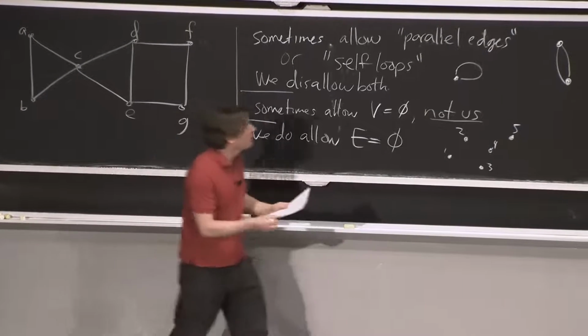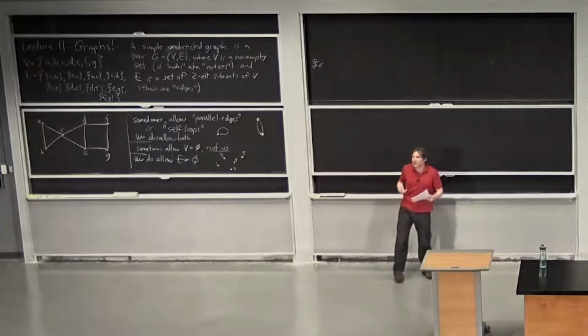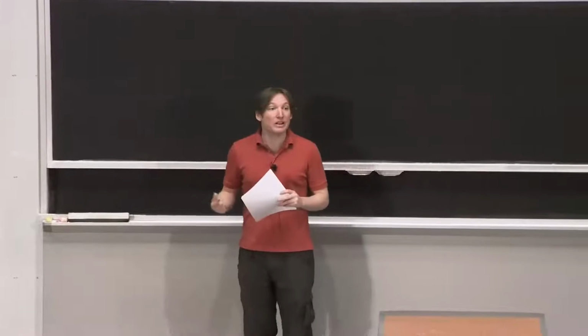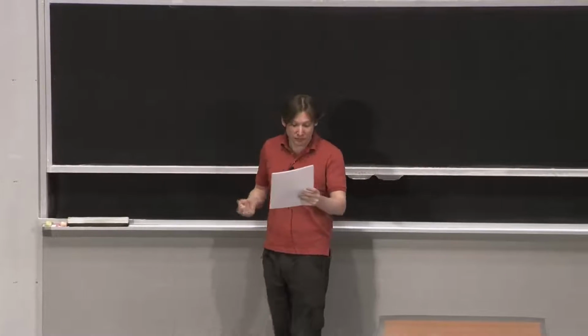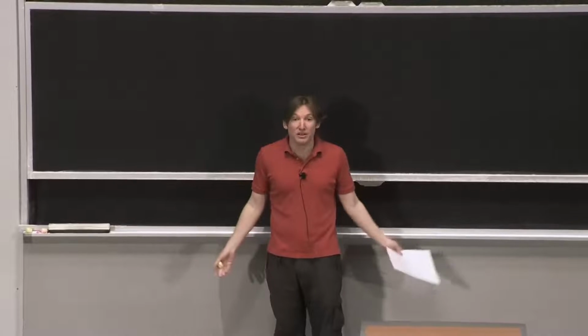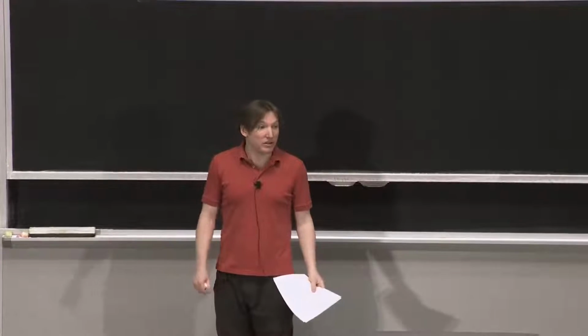All right? So what are graphs good at? Graphs are great at representing two-way relationships between pairs of objects. Let me give some real-world examples, like friendship. You can imagine the graph of all the friends in the world.